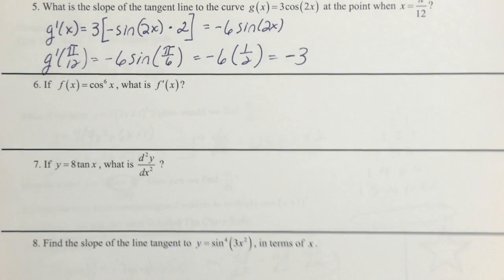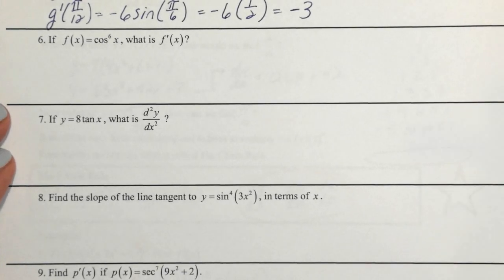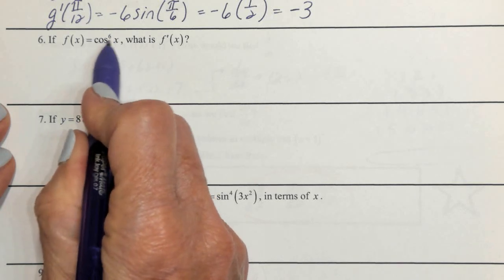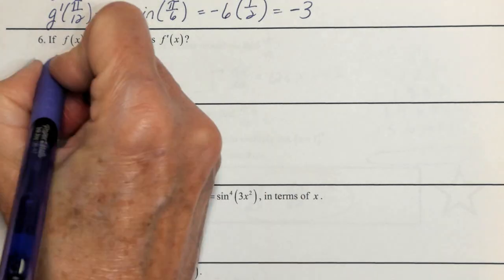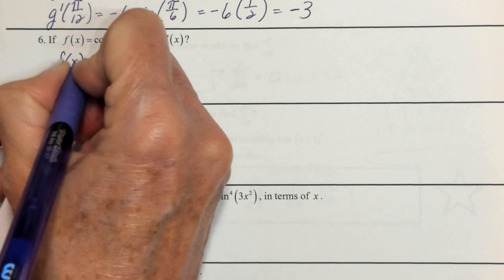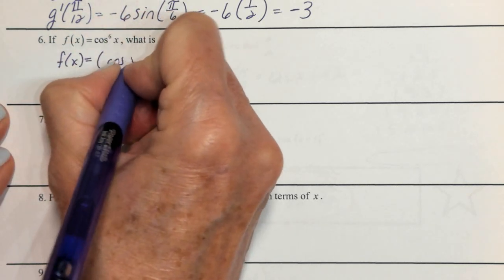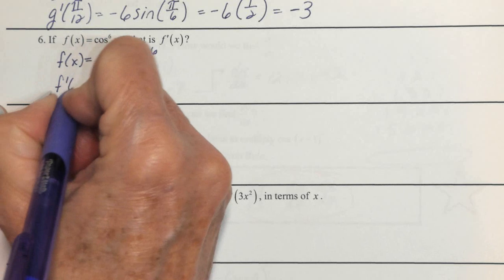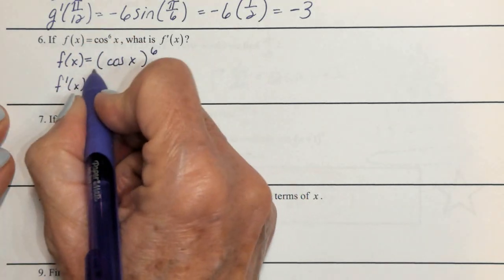Okay, number 6. Now we have f of x's cosine to the 6th of x. I see a power. I am going to immediately write this as cosine of x all to the 6th power. Immediately. You will make fewer mistakes if you take the time to do this. Okay? So for the derivative, I'm using the power rule.